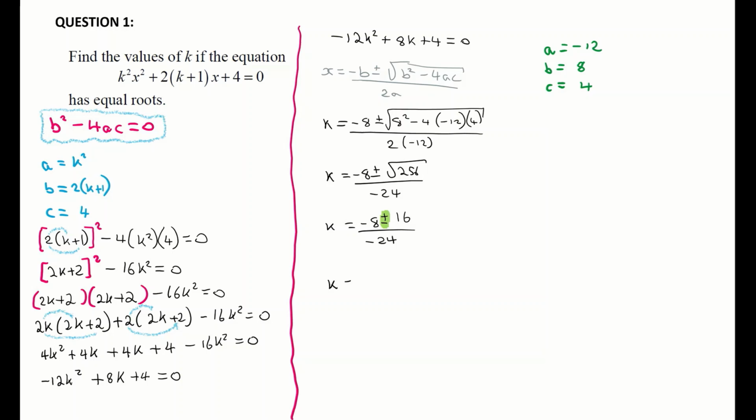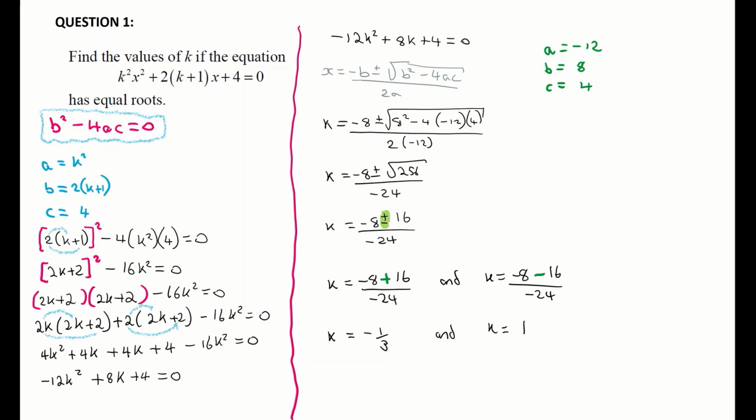So k is equal to minus 8 plus 16 all over minus 24, and k is equal to minus 8 minus 16 all over minus 24. So therefore, my two values for k are minus 1/3 and k is equal to positive 1. And that's question 1, using the discriminant and the quadratic equation formula.